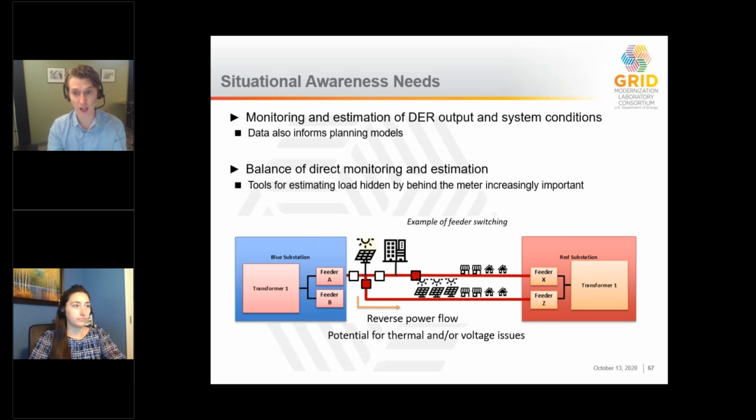So thinking of all the rooftop units that might be numerous and not very practical to monitor every single one of those, at least today. Having an estimated quantity of how those are impacting the system is another important feature of a system like ADMS and can facilitate this type of situational awareness. Next slide, please.